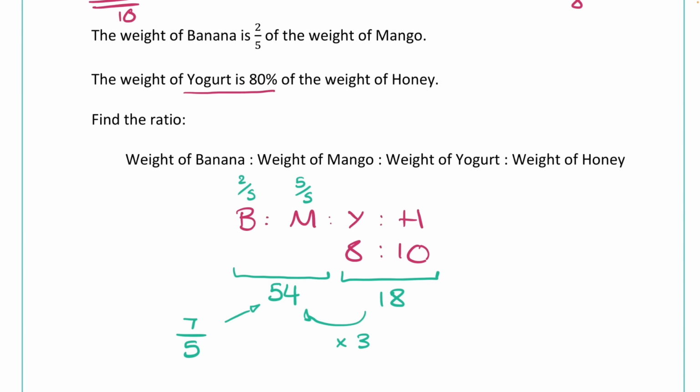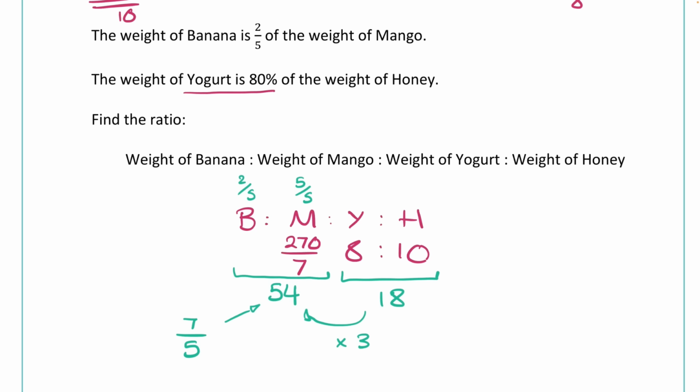So if we want to find the value of the 2/5 and the 7/5, we'll have to do 54 divided by 7, and you'll notice when you type that in on your calculator, you don't get a very nice answer, you get quite a long recurring decimal. That's fine, we're going to divide it by 7 and times it by 5. And for the mango, that gives me 270 over 7. Not a very nice number, but that's fine.